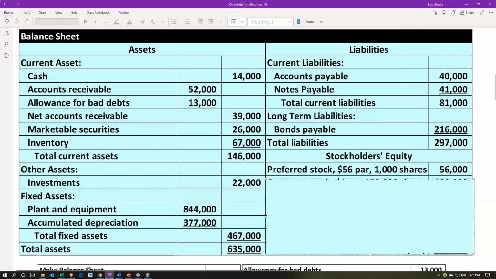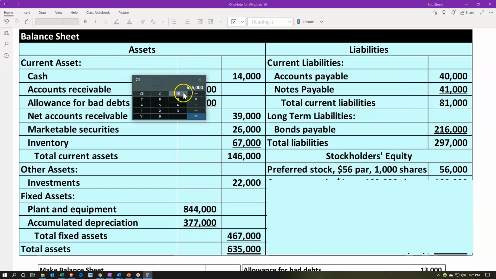They have a preference in terms of getting paid first with regards to dividends, but the amount they get paid will be fixed by the terms of the preferred stock, whereas the dividends to the common stockholders will increase depending on how many dividends go out.